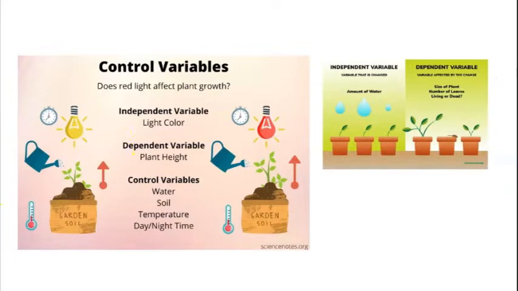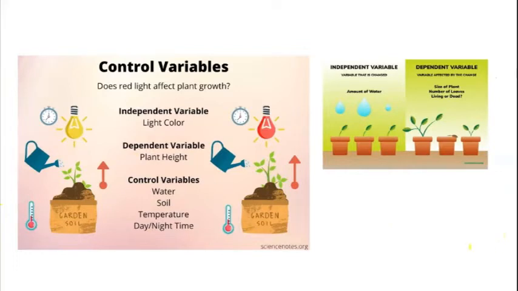And that is the plant height. And here we have the controlled variables. So these are the things that you will keep the same. The amount of water you give to the plants will be the same. The type of soil you are going to use will be the same. The temperature to which these plants will be exposed. And whether it will be out for day or nighttime?